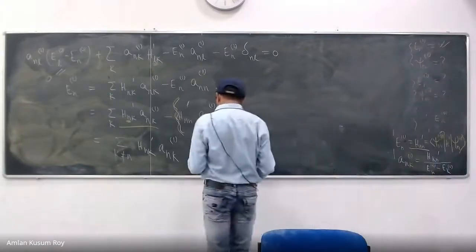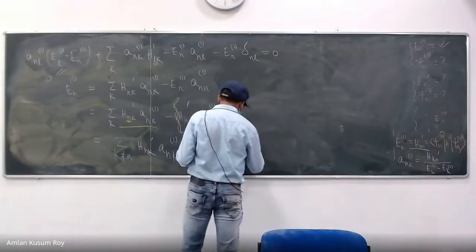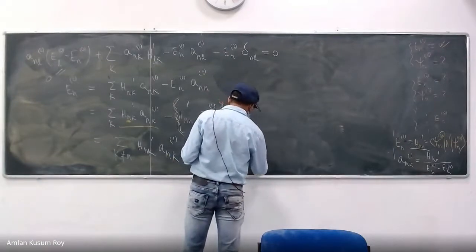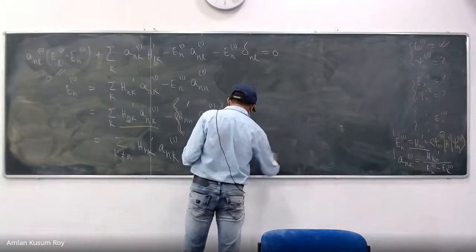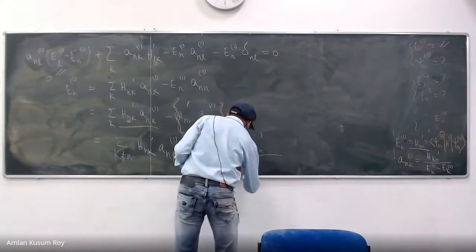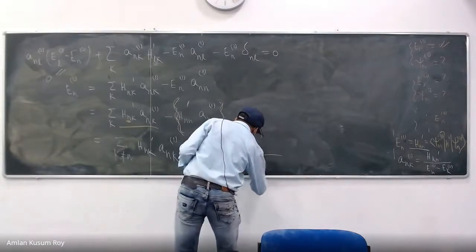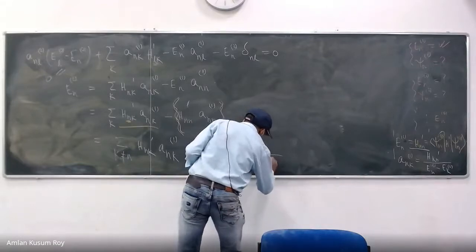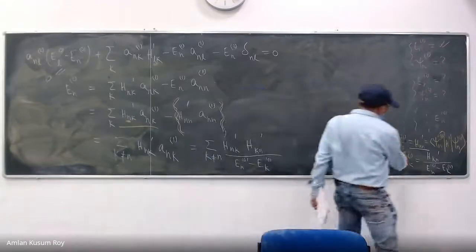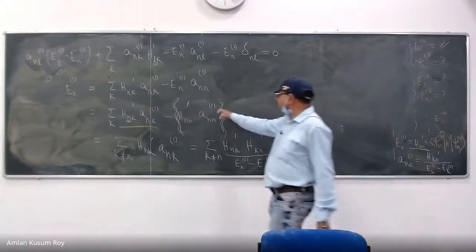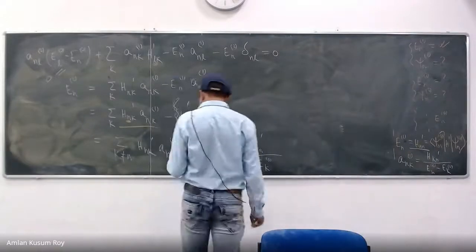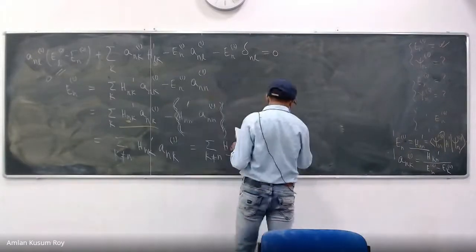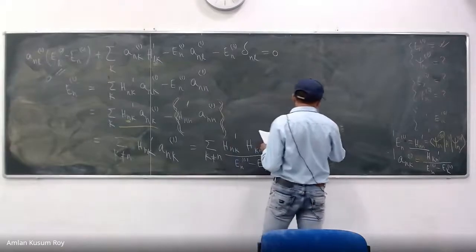So we are just going to use the appropriate one. So you can write h_kn prime over E_n0 minus E_k0. We just used an expression for psi_n1 here. So that gives me this beautiful expression, summation k not equal to n.